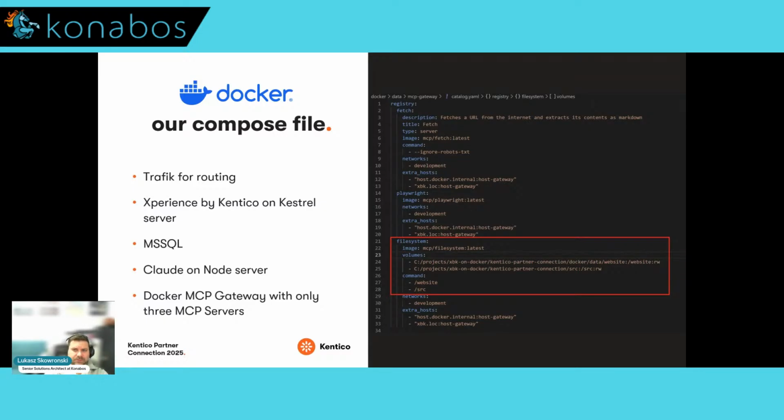where we can provide additional settings, right? So for the file system MCP server in particular, we define volumes that can be accessed by that MCP server, right? Which means that we can have that file system MCP server in that environment, and it can access only that SRC for Kentico partner connection.